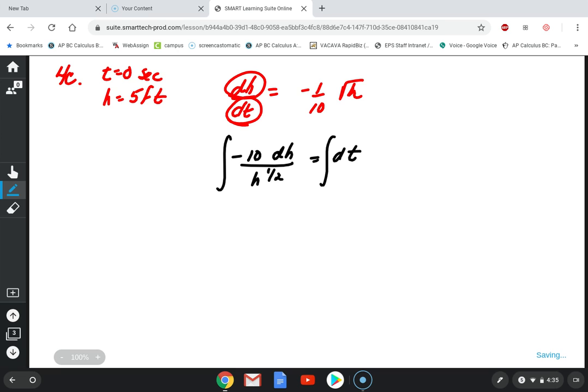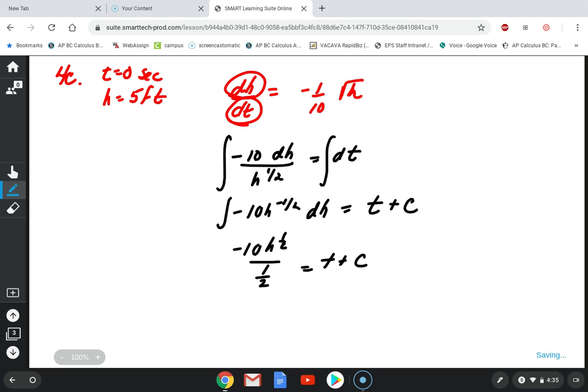So I'm going to have negative 10h to the negative 1/2 dh equals t plus c, my constant of integration when I integrate the t. I could have left the 1/10 and brought that to the other side. Okay, so integrating, I get negative 10h to the 1/2 over 1/2 equals t plus c. So I get negative 20 square root of h equals t plus c.